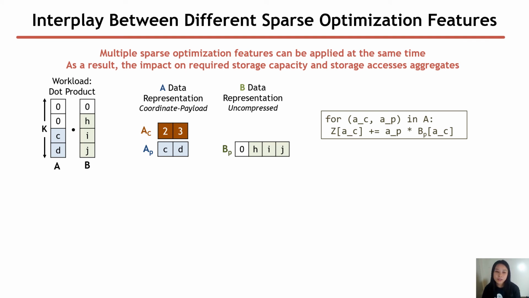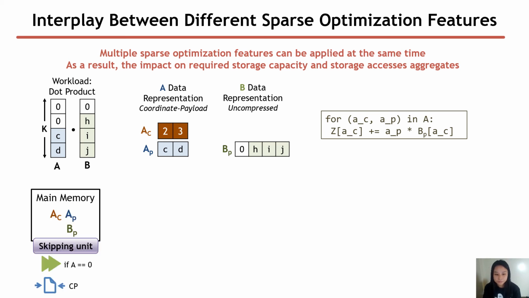And we want to do some optimization like this. So basically, we want to look at the coordinate and payload in A, and we only want to perform an operation, a multiply accumulate, when we have the A payload present. As you can see in this for loop, we're picking out the coordinate and payload from A, and we're only performing a computation if there is a payload. This kind of optimization can be realized in this way.